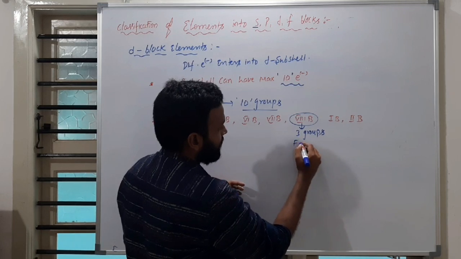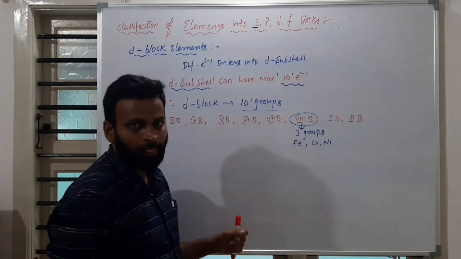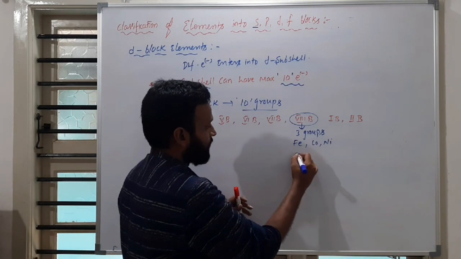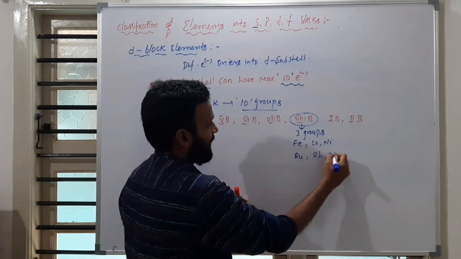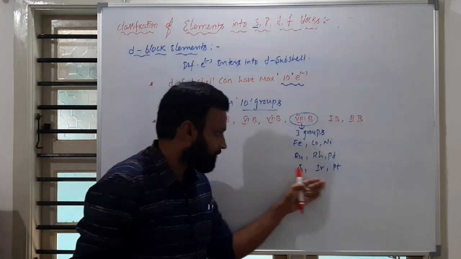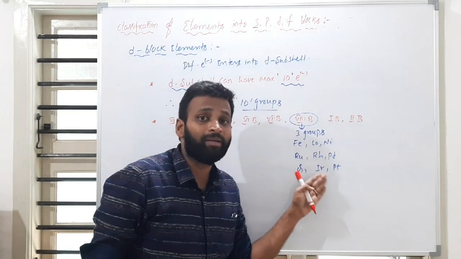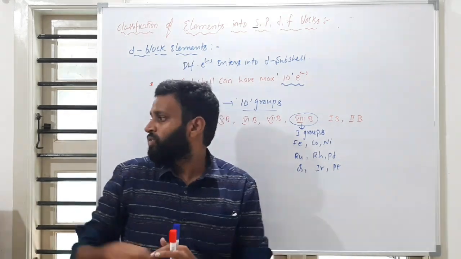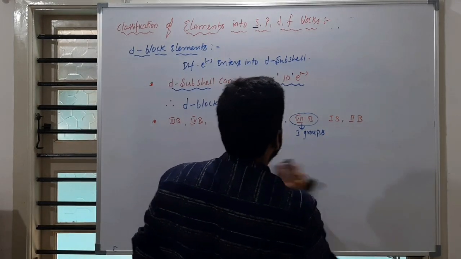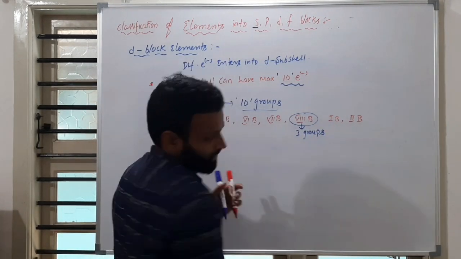I told you already, iron, cobalt, nickel are present as triads in group 8. Ruthenium, rhodium, palladium, osmium, iridium, platinum are present here. These 3 triads, and some elements are present in the 7th period and some are incomplete because elements are yet to be discovered. We will discuss them soon. So in total, 5 plus 3, 8, 9, 10 groups are present.